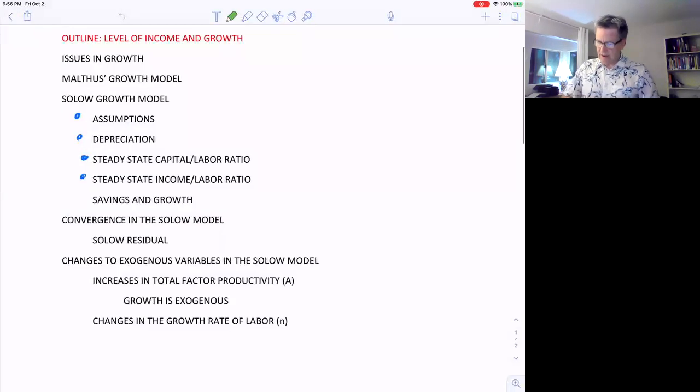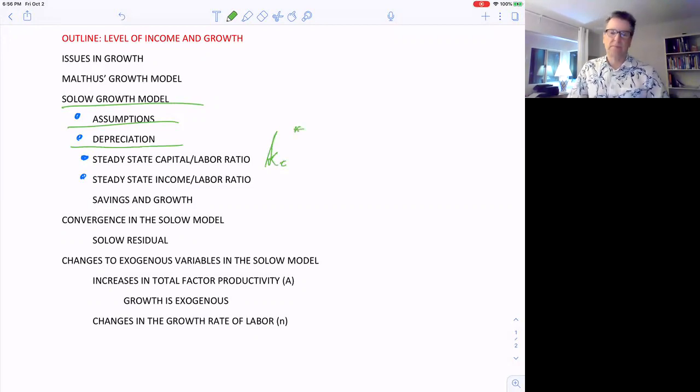Okay, so what we did here in this model, we went over the Solow growth model, went through its assumptions, explained what depreciation meant, and then we found these steady states for the model. And we'll end up with some sort of steady state level of capital per worker, and then some steady state of income per worker.